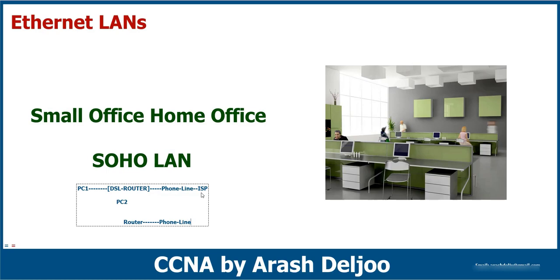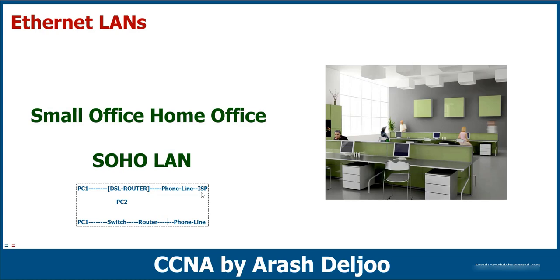After that, this router, inside of this box, connects to a switch. This switch has some interfaces, some ports. Because of that, we can connect our PCs, for example PC1 or some other PCs, maybe four PCs, to this switch.